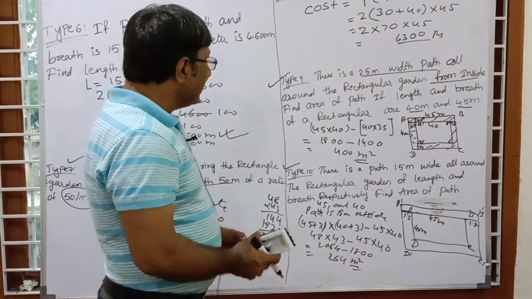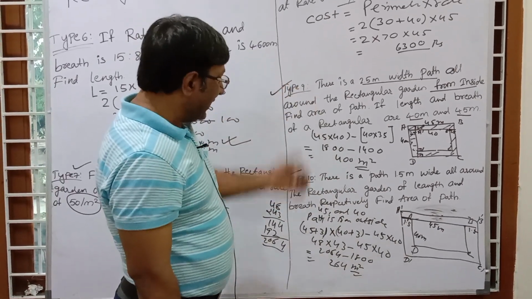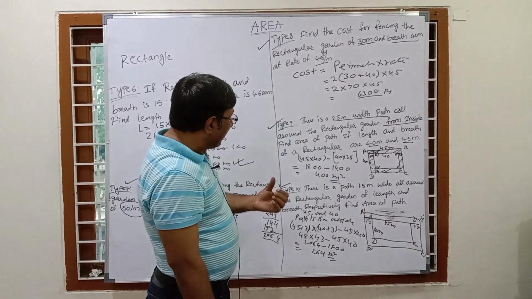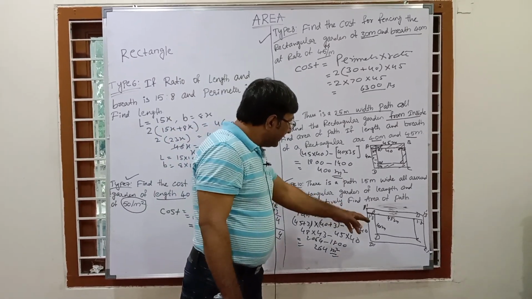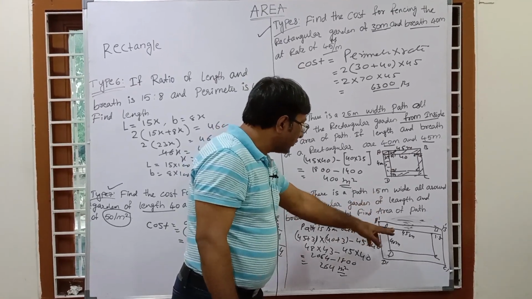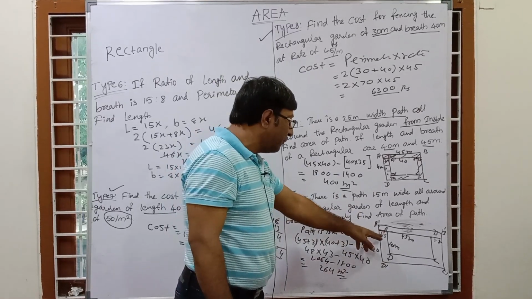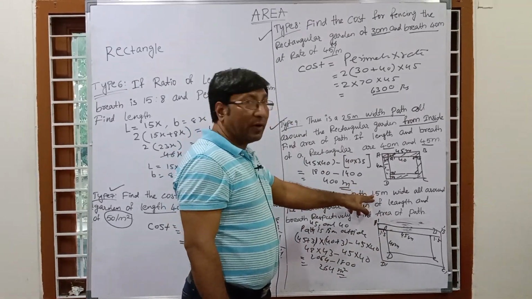So what is the technique? Question 9 had the path inside and question 10 has the path outside. When the path is outside, what is the funda? You go for it like this, as it is given outside. So 45 plus twice the path. The path is 1.5, so twice the path is 3.